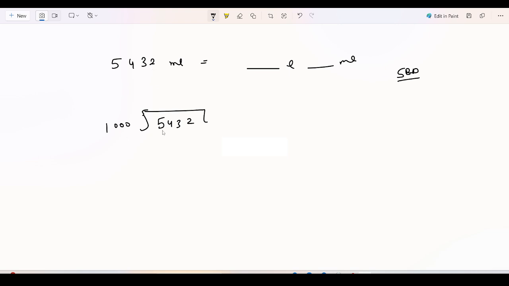So if I divide it by 1000, which number should I take as my quotient? 1000 times what is? 10,000 times what equals what?